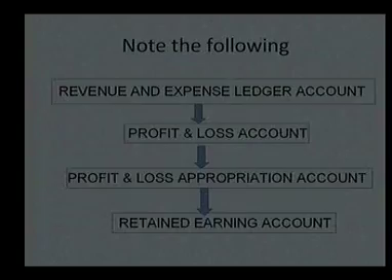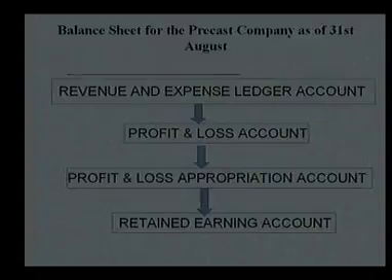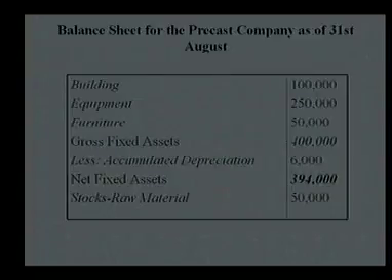Now, based on this, we can prepare the final balance sheet as of 31st August, which is, you can find building is having 100,000, equipment 250,000, furniture 50,000, gross fixed assets 400,000 is nothing but the sum of all the three above: building, equipment, furniture.